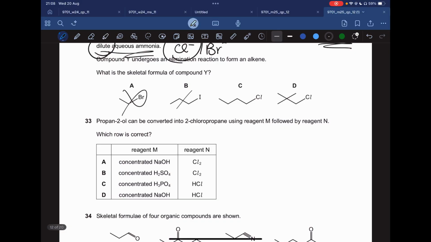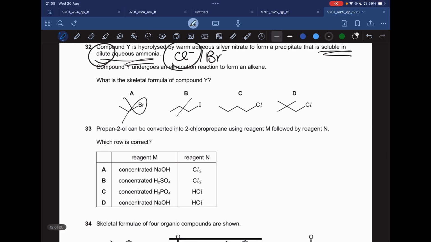Now, same thing here. This has to do with the mechanisms, right? We need to have a neighboring H so that when this bond breaks, OH will get to bond with that H, and we can form that double bond.